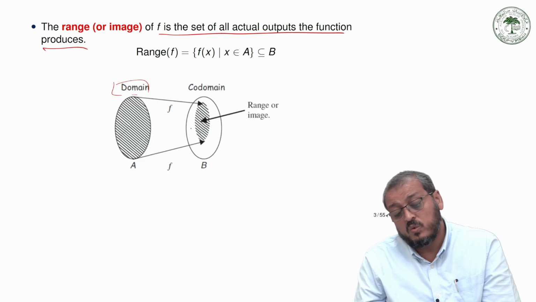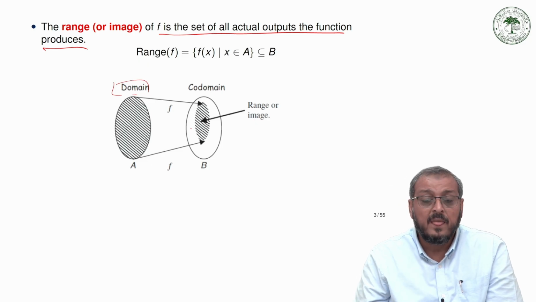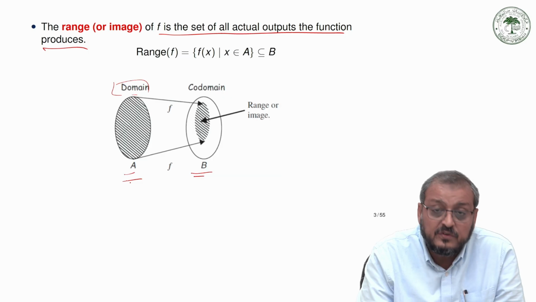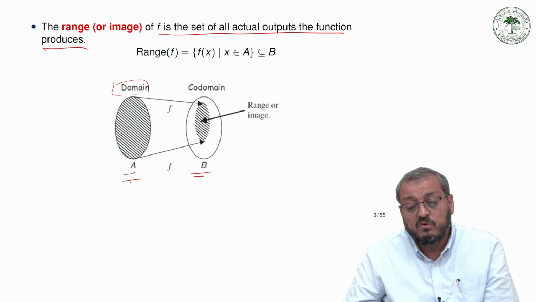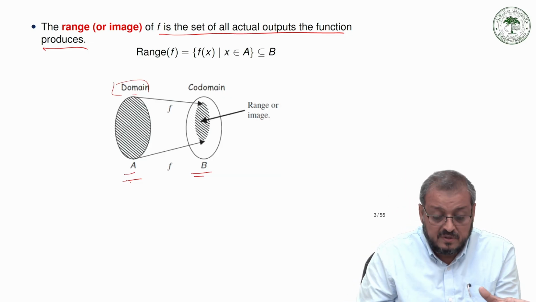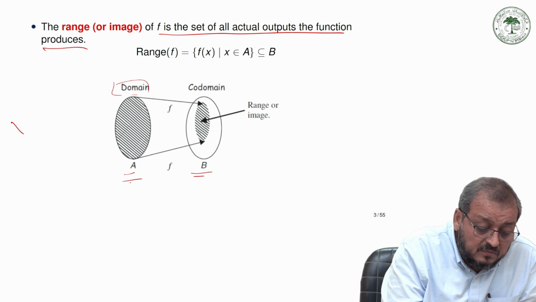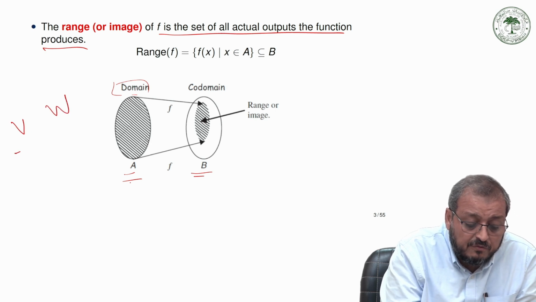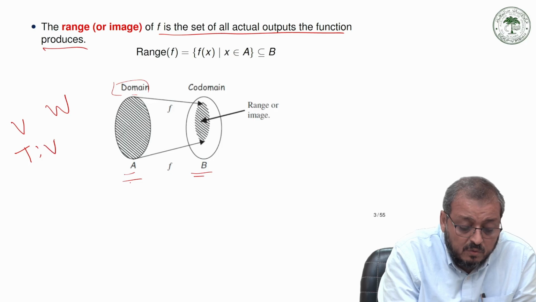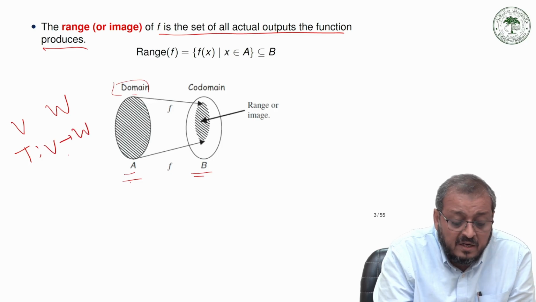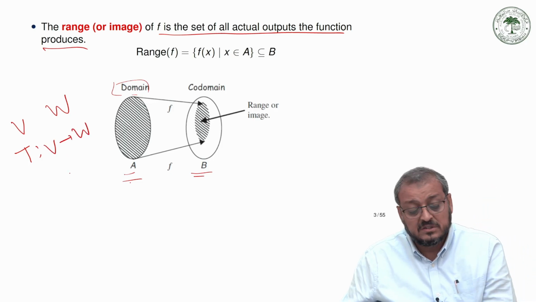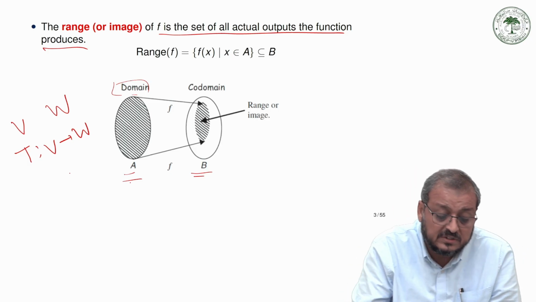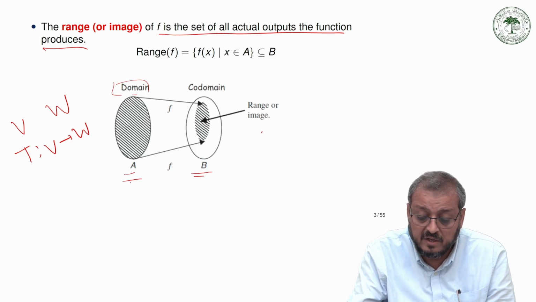Now, for a linear transformation, in place of two sets, we take two vector spaces. If we take a vector space V and a vector space W, then we define a well-defined map T from V to W that satisfies certain properties, namely linearity.